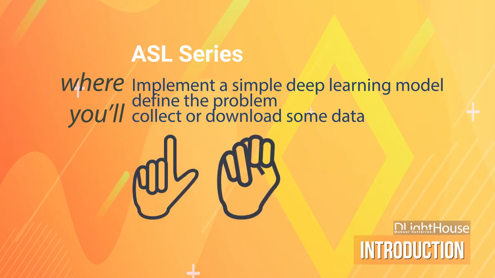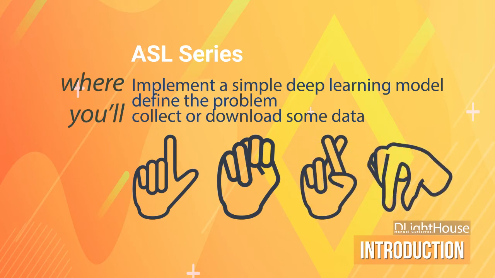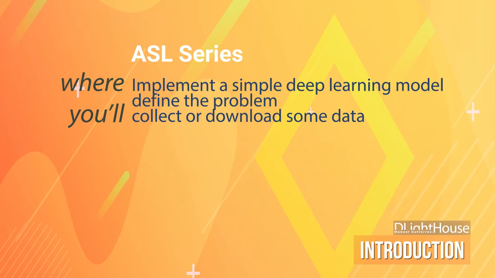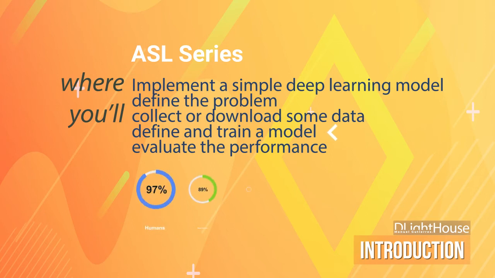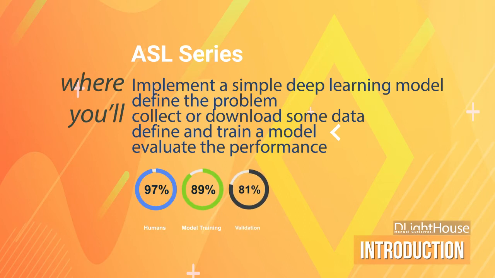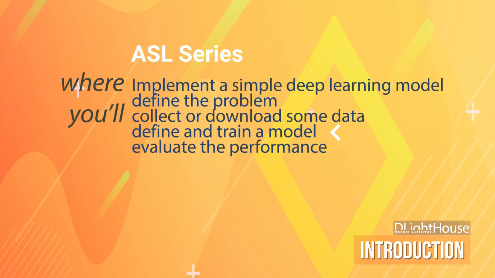Images of hands representing the ASL fingerspelling signs. We define and train a model that can capture, learn, and classify the visual data, this video. We evaluate the performance of the model to see how well it is classifying images. Finally, we use the trained model for predicting hand signs.